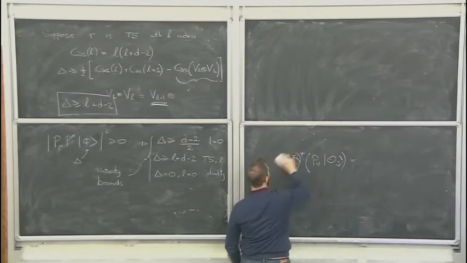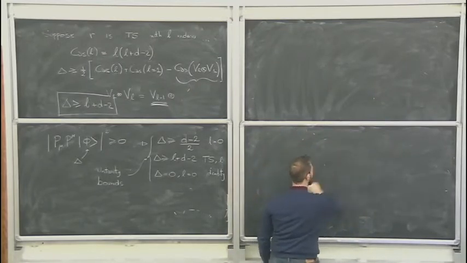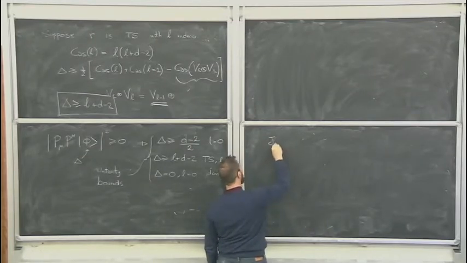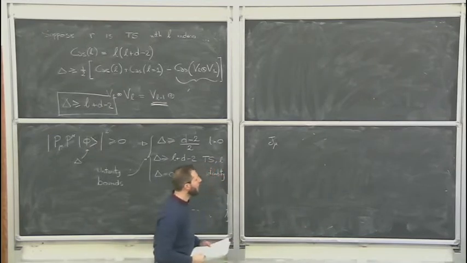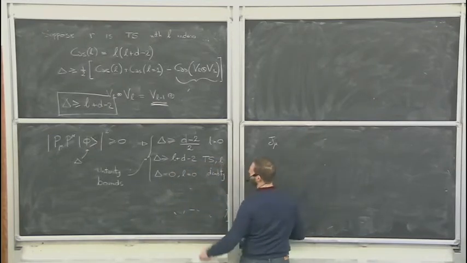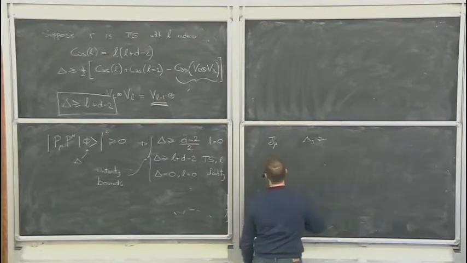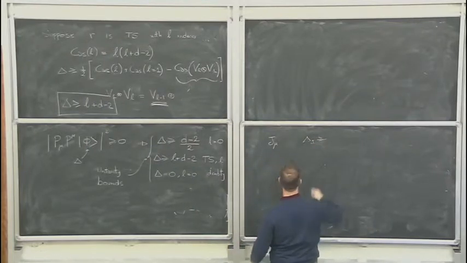Consider, for instance, a spin 1 operator. Let me call it J_mu. According to this formula, delta_J has to be larger than d minus 1.